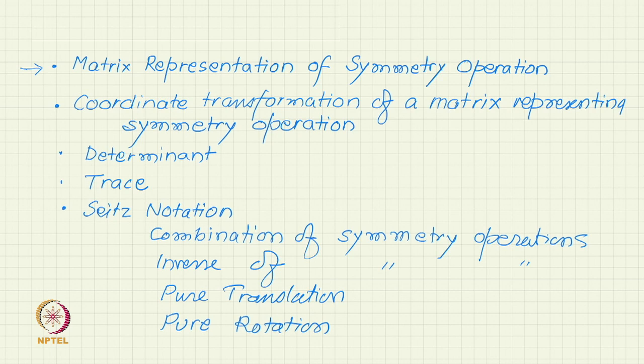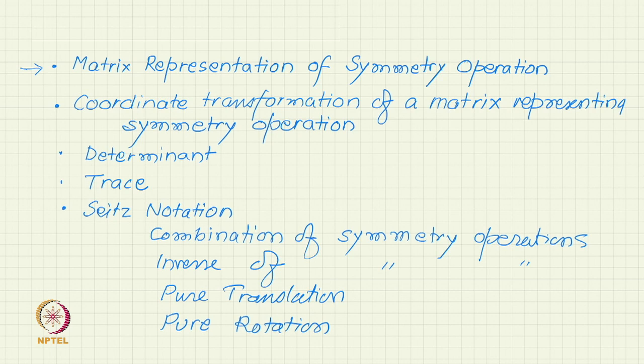So, now the coordinate transformation matrix Q was transforming a vector from one coordinate system to another coordinate system. But the matrix representation of a symmetry operation is a different kind of matrix.